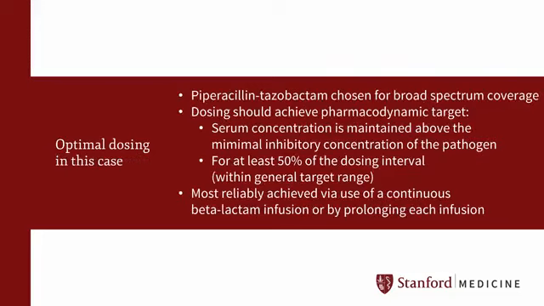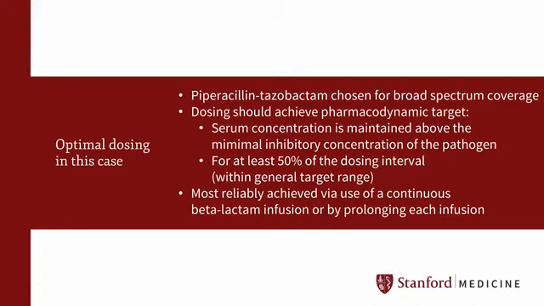For this patient, the clinician decided on piperacillin-tazobactam for broad-spectrum coverage. As a beta-lactam, dosing should be aimed at achieving a pharmacodynamic target in which the serum concentration is maintained above the minimal inhibitory concentration of the pathogen for at least approximately 50% of the dosing interval.